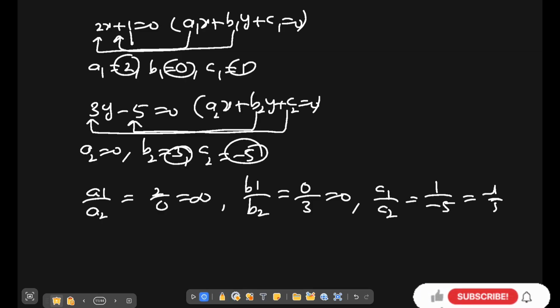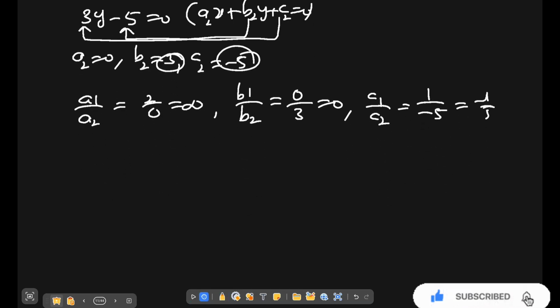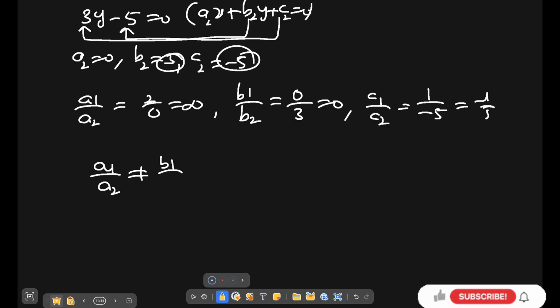So if you see this, these ratios are not equal. Here a1 by a2 is not equal to b1 by b2, not equal to c1 by c2.